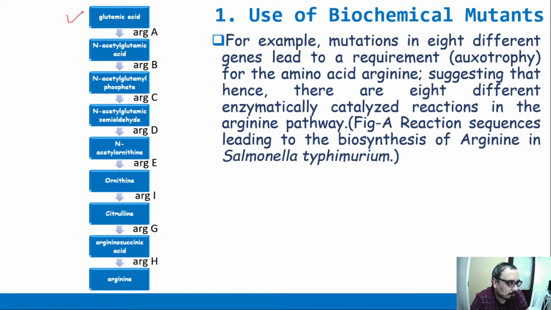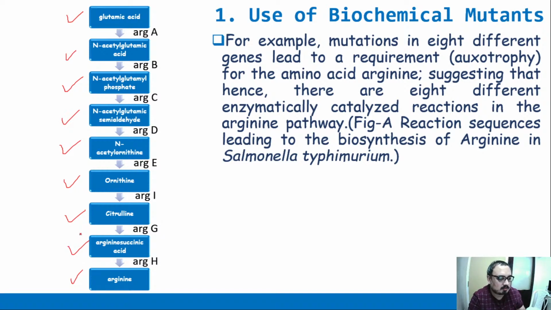Glutamic acid is converted into N-acetyl glutamic acid, which is converted into acetyl glutamyl phosphate, and it is further converted into N-acetyl glutamate semialdehyde, then into N-acetyl ornithine, and then ornithine will be converted into citrulline, and citrulline will be converted into argininosuccinic acid, and finally arginine.